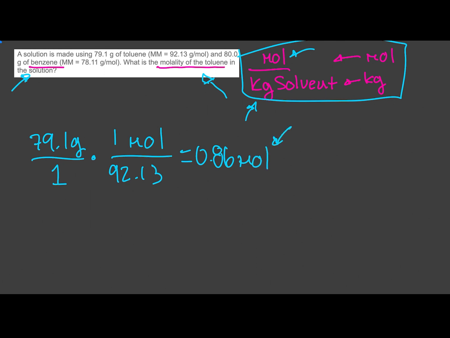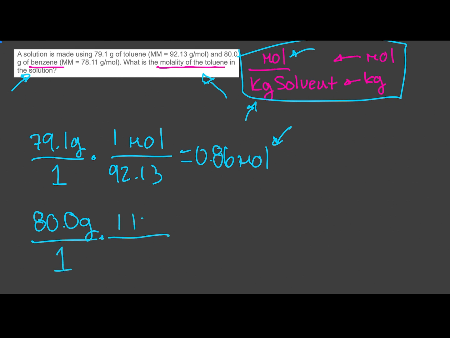So now that we found the toluene amount, we need to find the amount of benzene we have. Benzene is already in grams, but remember it needs to be in kilograms. So in order to put it into kilograms, we need to divide by 1,000. I'll set up the ratios over here. We have 80.0 grams of benzene, and we want to convert that into kilograms.